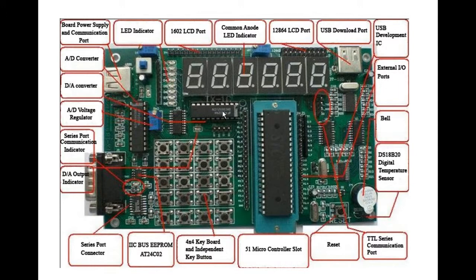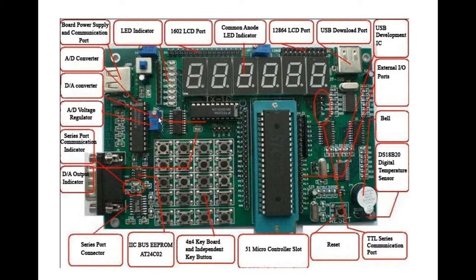Here, this one is the digital to analog converter, and this one is the analog to digital converter. When we work on the DA and AD conversion test, we're going to apply those two chips. And here is a variable resistor used for the analog to digital conversion test as well.